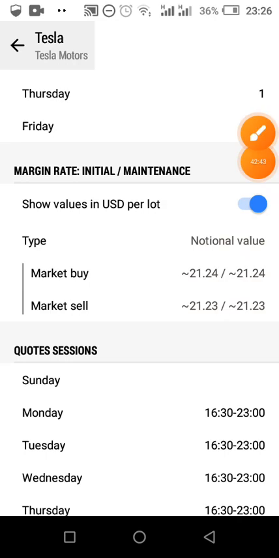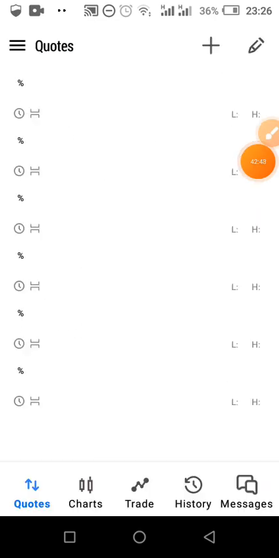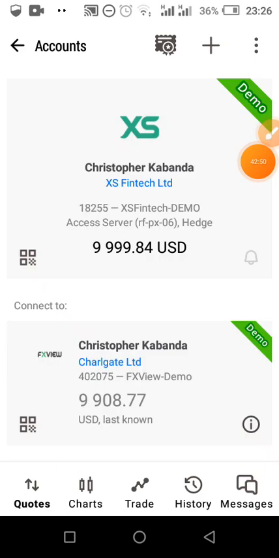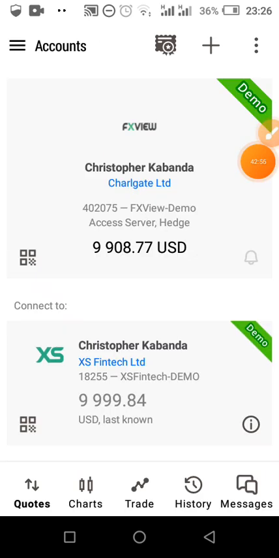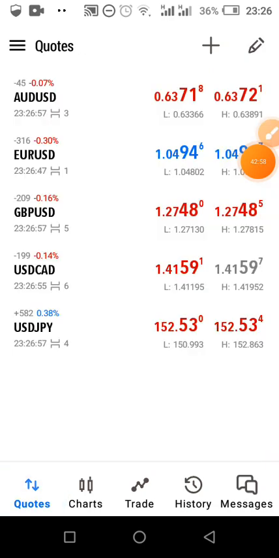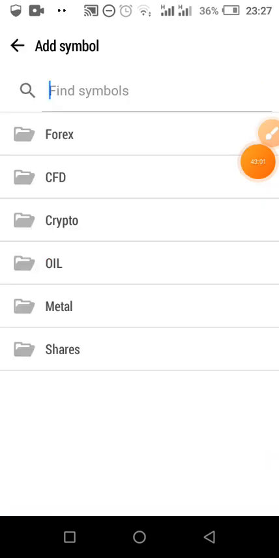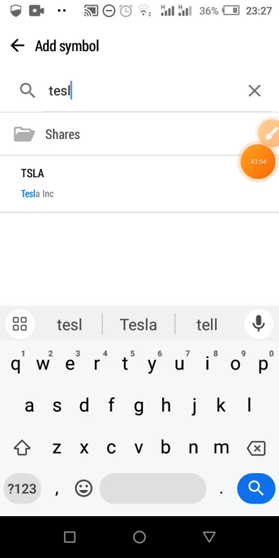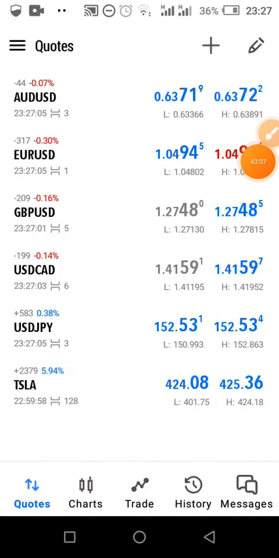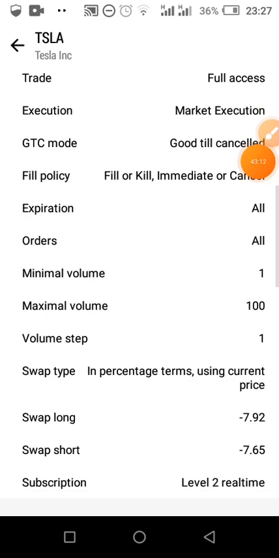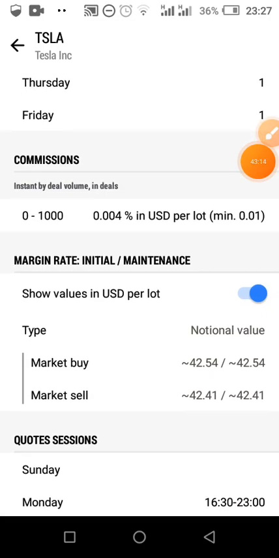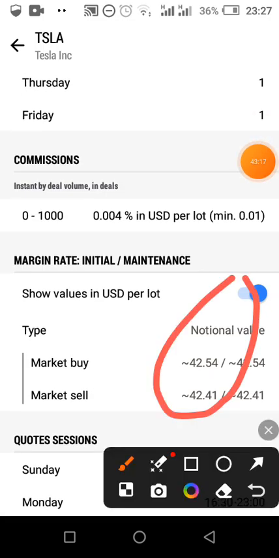Here it will be $21 per lot, almost $21. Then let's see for FXView, which connects you to the actual market by default, even from the get-go, I think. They might tend to have a bigger margin requirement here. So here it's actually $42 per lot.